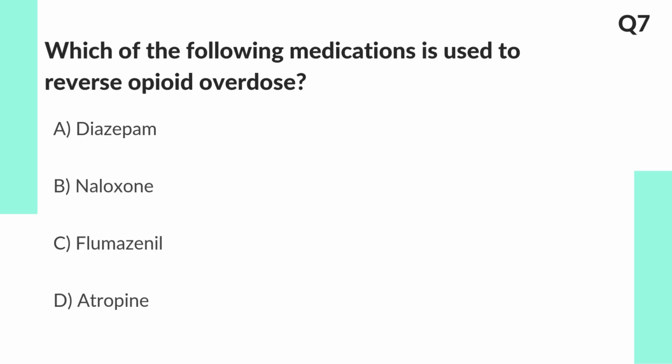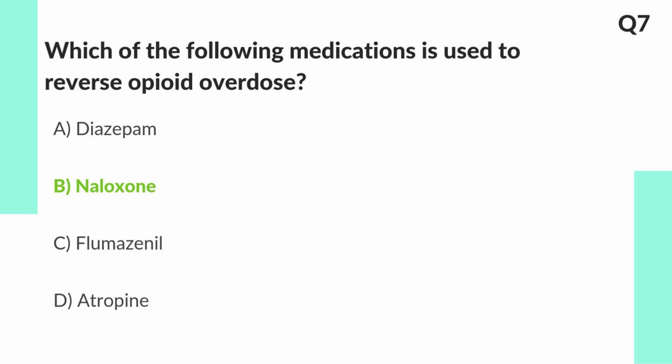So we move to the next question. Which of the following medications is used to reverse opioid overdose? This is also a commonly asked question. So you can please note down the answer as naloxone. So for any of the opioids used, you can give naloxone. Naloxone belongs to the opiate antagonists.